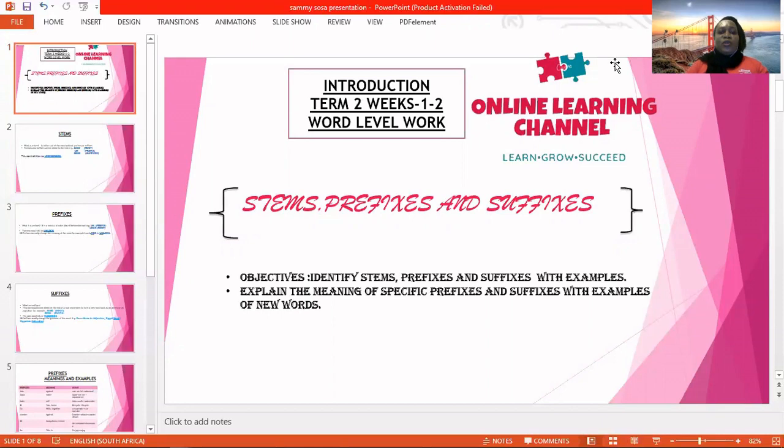We need also to be able to explain the meaning of specific prefixes and suffixes with examples of new words which are formed after putting together a prefix and a suffix to the root of the word. Those are our objectives for this lesson.